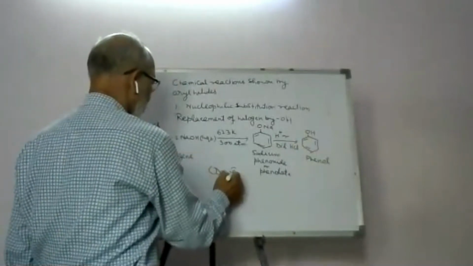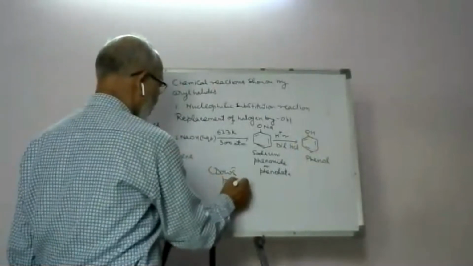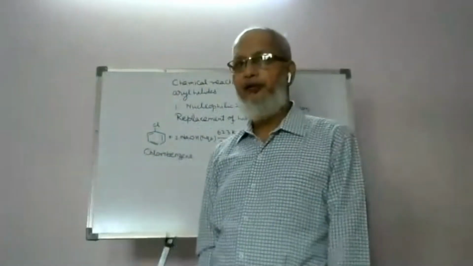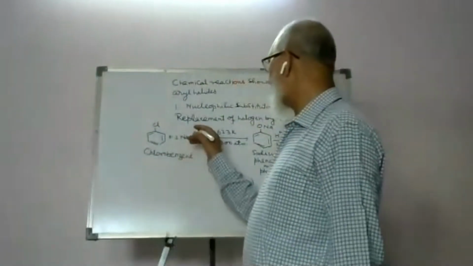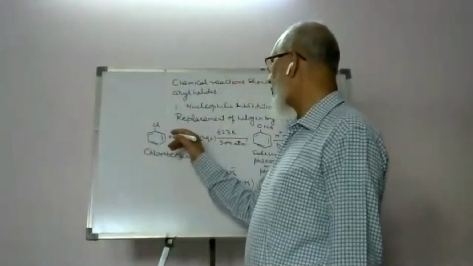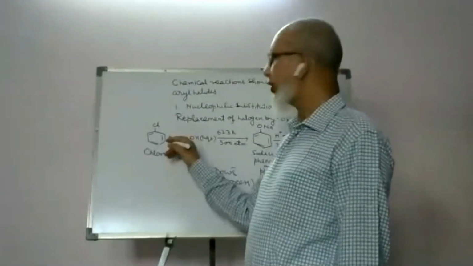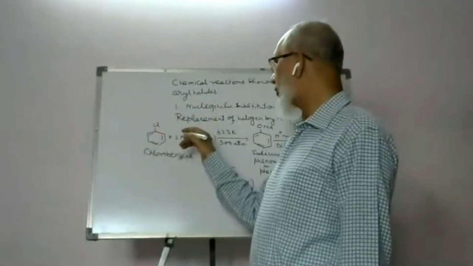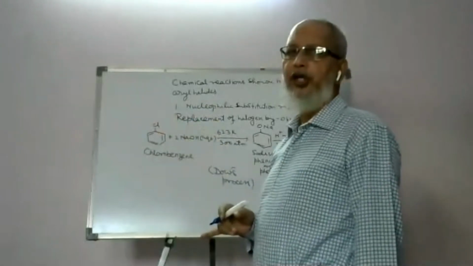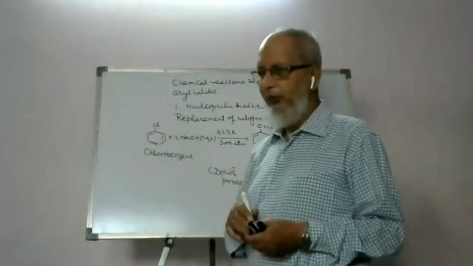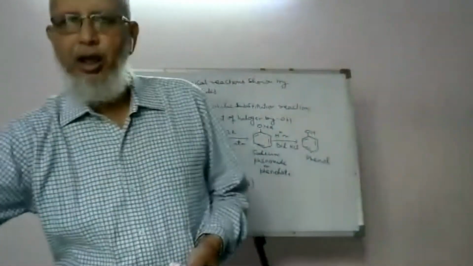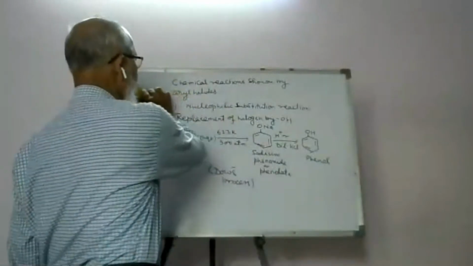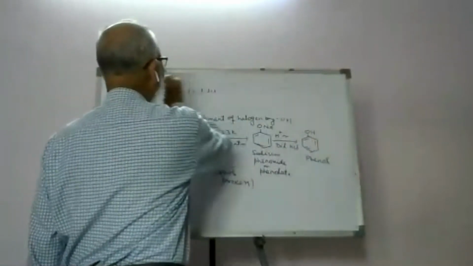This is also the commercial method for the preparation of phenol. In case of haloalkanes, you will have seen that only ordinary temperature is required, or at ordinary temperature there is reaction of haloalkanes with aqueous alkali to give you the corresponding alcohol. But here drastic condition is required on account of less reactivity of aryl halides towards nucleophilic substitution reaction.